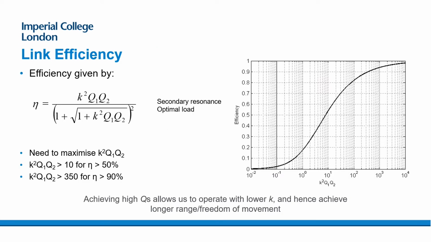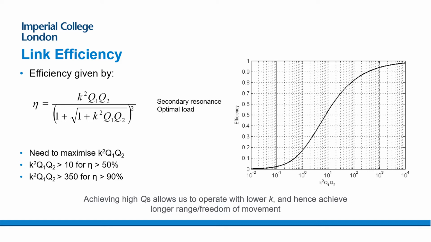Now, before we go on to actually designing the circuits, I think it's important to give some consideration to why we're interested in operating at high frequency. You can see here a well-known expression for the efficiency of the magnetic link. It includes a relationship between the square of the coupling factor between the coils and the Q factor of the primary and secondary coils, Q1 and Q2.